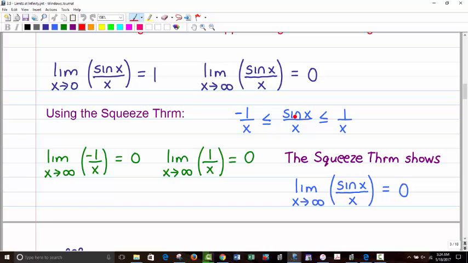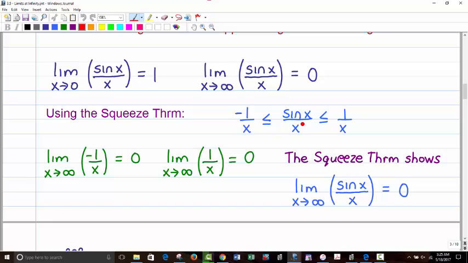If you agree that sine of x over x would always be between -1 over x and 1 over x, because sine is always between -1 and 1, then we know the limit of the left part, negative 1 over x as x goes to infinity, goes to 0. The right side limit as x goes to infinity of 1 over x goes to 0.